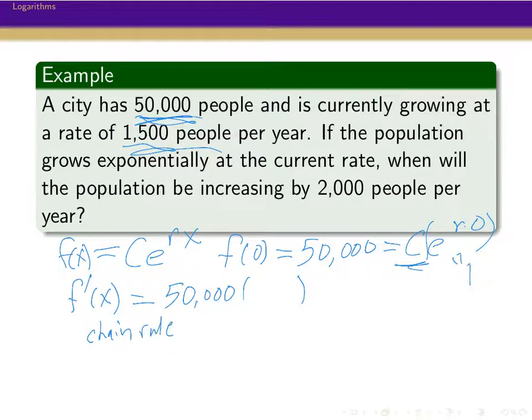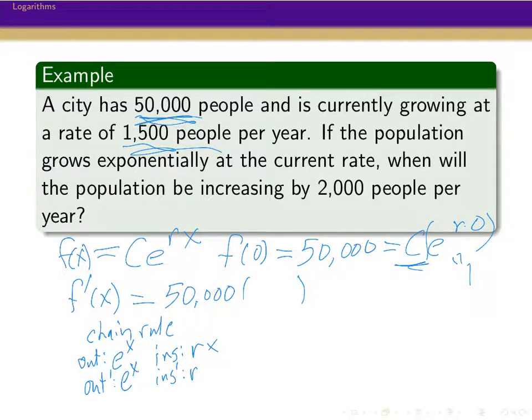We can think about e to the rx using the chain rule, with the outside function as e to the x and the inside function as r times x. The derivative of the outside is just e to the x again, and the derivative of the inside is just r.